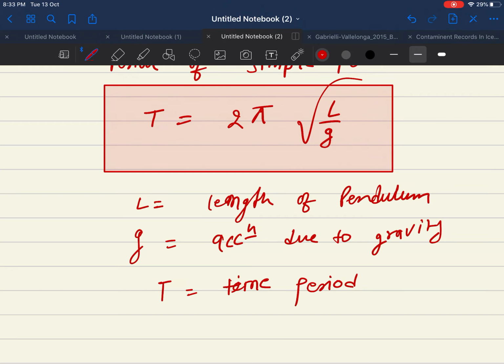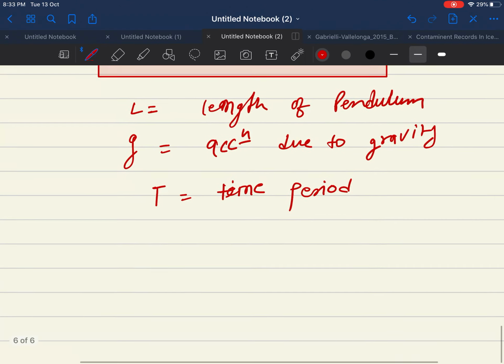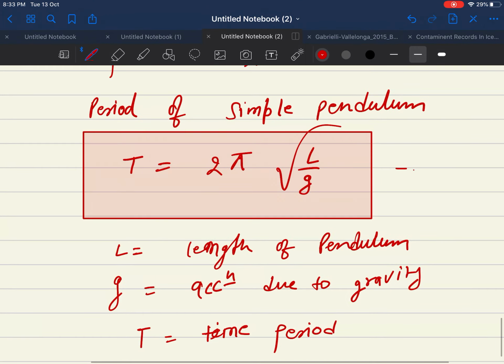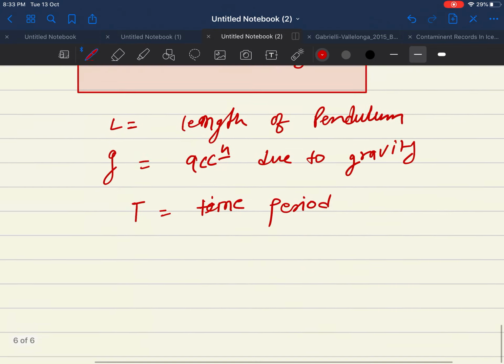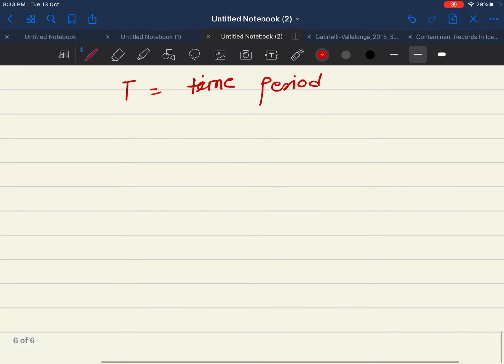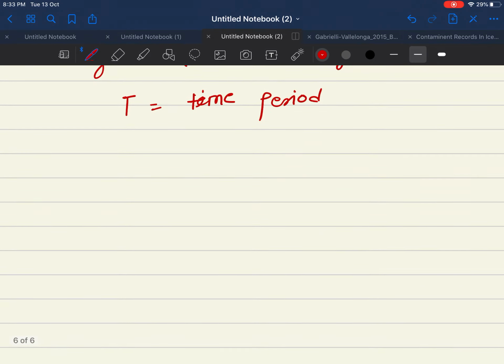Let's put it as equation number 1. Now the time period of a simple pendulum on earth becomes TE, which is 2 pi under root L by gE. This is for earth.